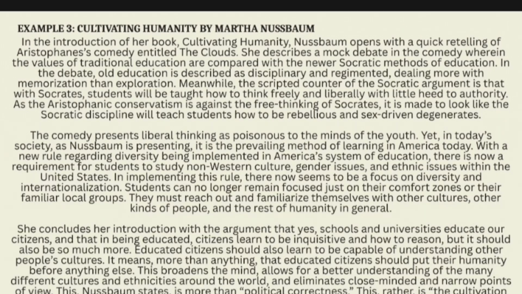In the debate, old education is described as disciplinary and regimented, dealing more with memorization than exploration. Meanwhile, the counter to that is the Socratic argument: students will be taught how to think freely and liberally with little need for authority.